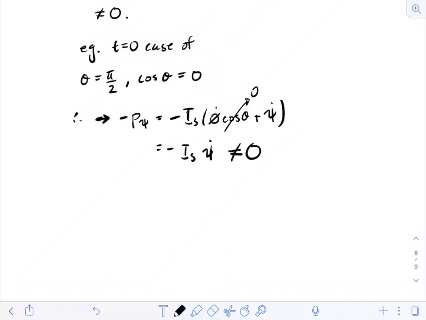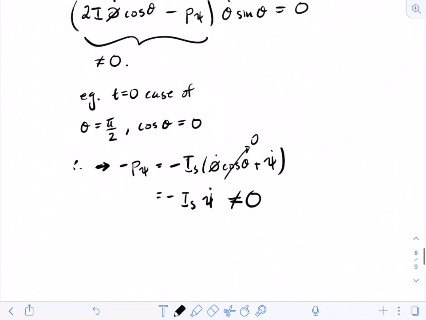And if we had a spinning bike wheel, then the angular momentum about the symmetry axis is just determined by the angular velocity about that symmetry axis, which is just how fast the bike wheel is spinning. So we're assuming that our bike wheel is spinning, okay?